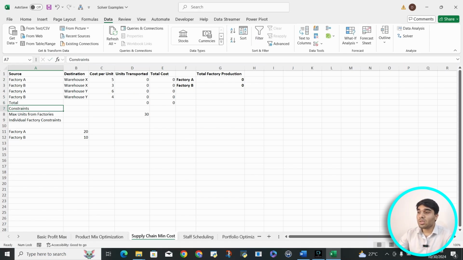So the maximum units that we can maybe transport from all the factories combined can be 30, and the maximum number of units that we can actually send across from factory A can be 20, and the maximum products that we can send from factory B can only be 10.